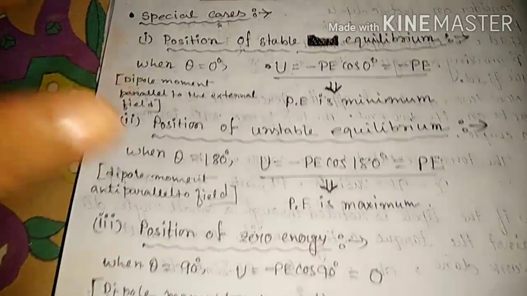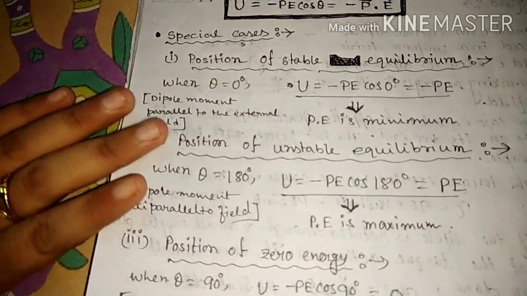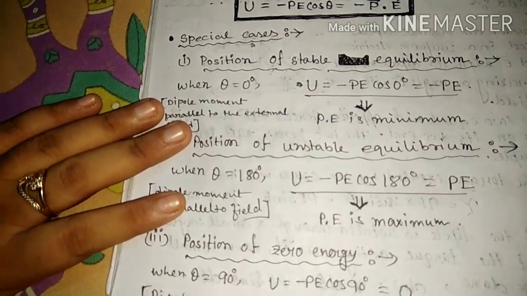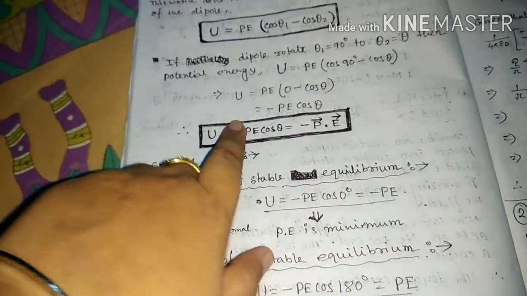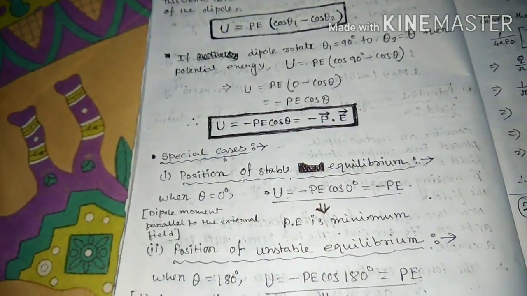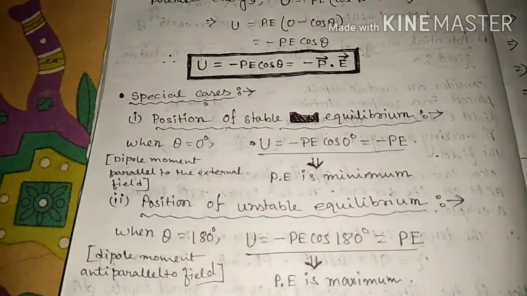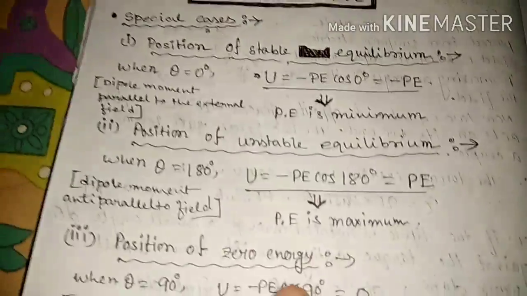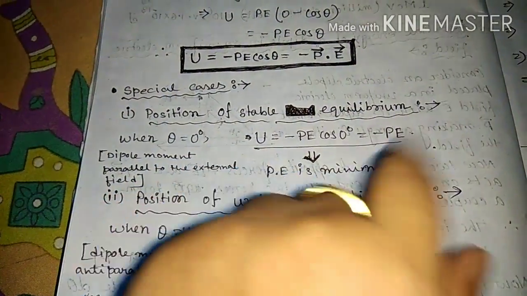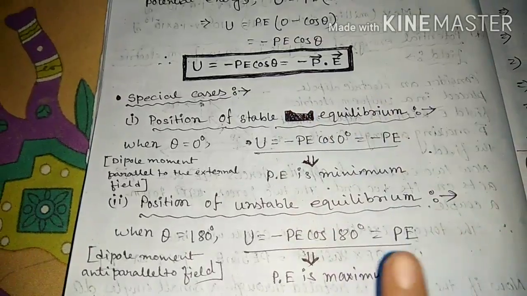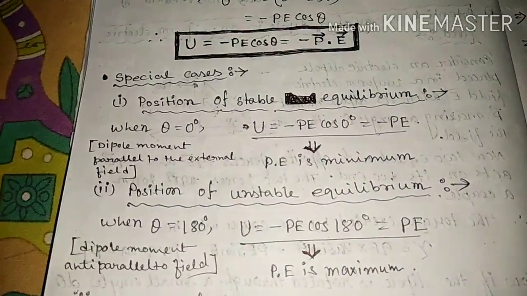Remember these three, they are very important. Many times they come in the board exam: the proof for potential energy, and the special cases. Discuss the special cases for stable and unstable equilibrium. When do we get the minimum potential energy and when the maximum?